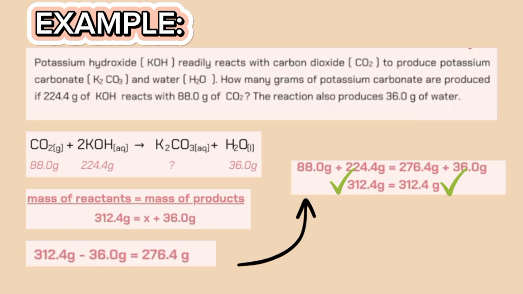Now if you check both sides of the equation and solve them, they are actually equal to 312.4 grams. So if we get the same amount for both sides of the equation, we know that we got the right answer.